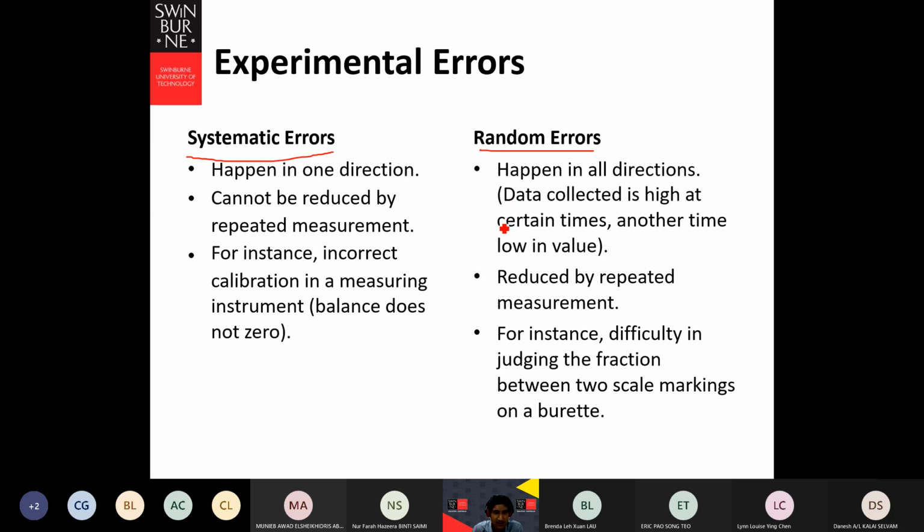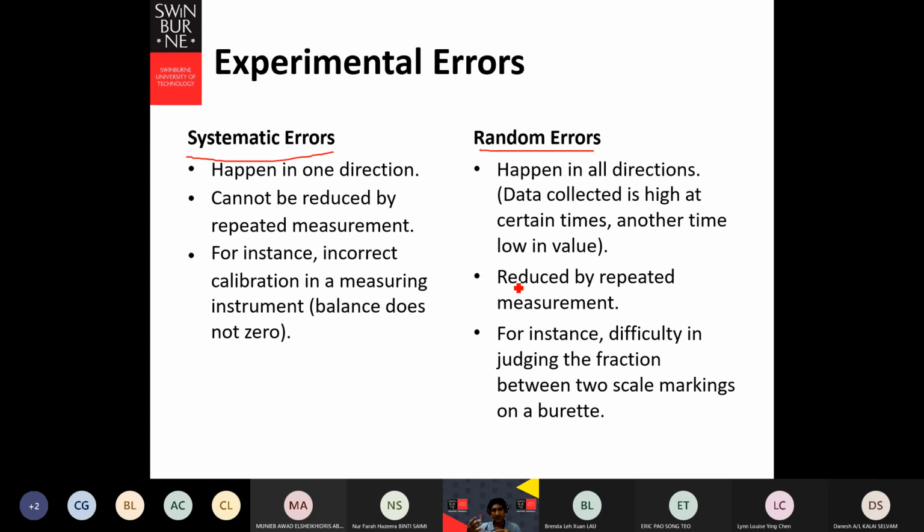Random error happens in all directions, and it is mostly not in our hands. The random error happens like voltage fluctuation, right?